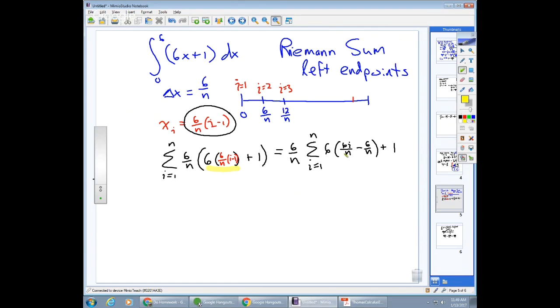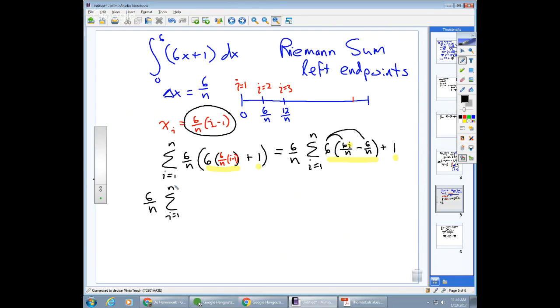So I've got this part here, and then I have a plus 1 there. This is a 6i over n here, yeah. And it would be in my best interest to distribute the 6 through there. So we have our 6 over n on the outside. Then we have the sum as i goes from 1 to n.